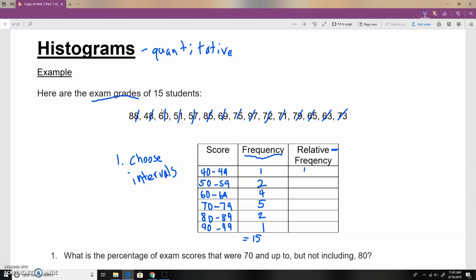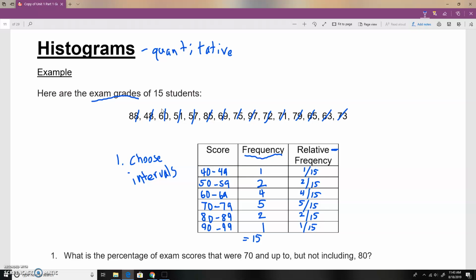So the relative frequency of the 40 through 49 would be 1 out of 15. For 50 through 59 would be 2 out of 15, 4 out of 15, 5 out of 15, another 2 out of 15, and another 1 out of 15. Okay. Now we could also list those as percentages if we want to.